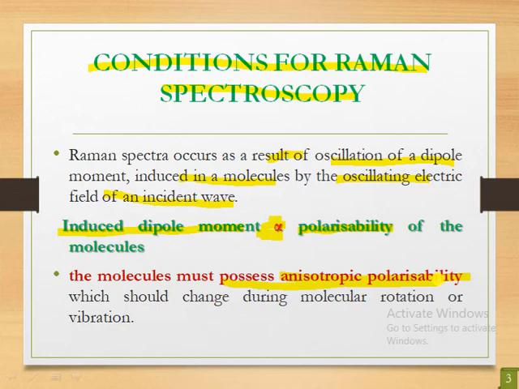Anisotropic means the extent to which the emission polarization is retained. It means that in the presence of an electric field, the electron cloud of an atom or molecule is polarized, which should change during molecular rotation or molecular vibration to give a Raman spectrum. So the basic condition for Raman spectroscopy is polarizability.